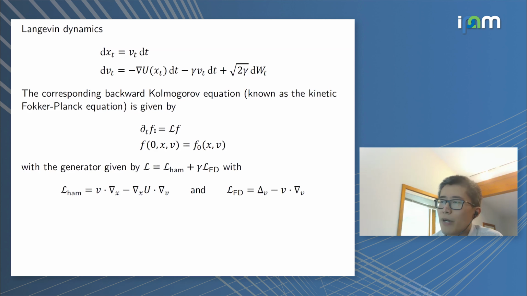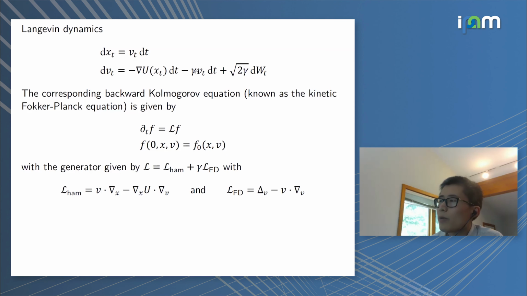So f is a function that depends on time, position, and velocity. Let's say that initially it has some value given by f0, and the evolution is given by the generator, the infinitesimal generator of Langevin dynamics. Because the Langevin dynamics consists of 2 parts, one is Hamiltonian, the other is dissipation and fluctuation, the generator also has 2 parts.